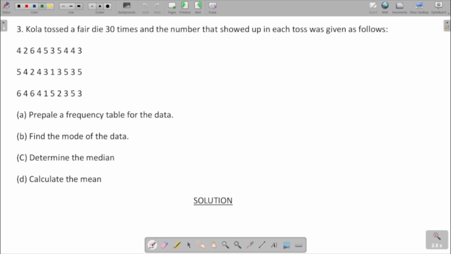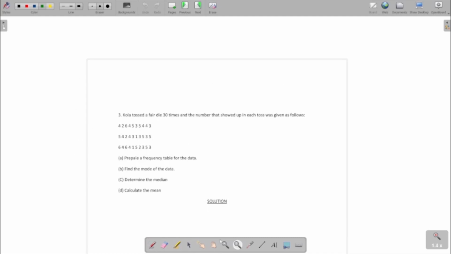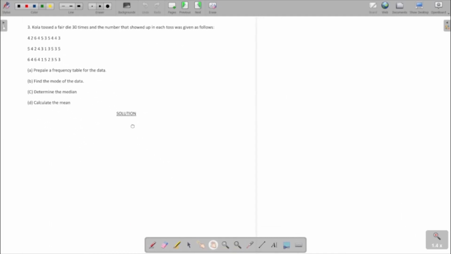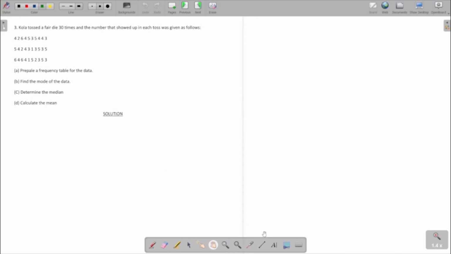So to solve this question, the first one says prepare a frequency distribution table. Let us prepare it to this side.